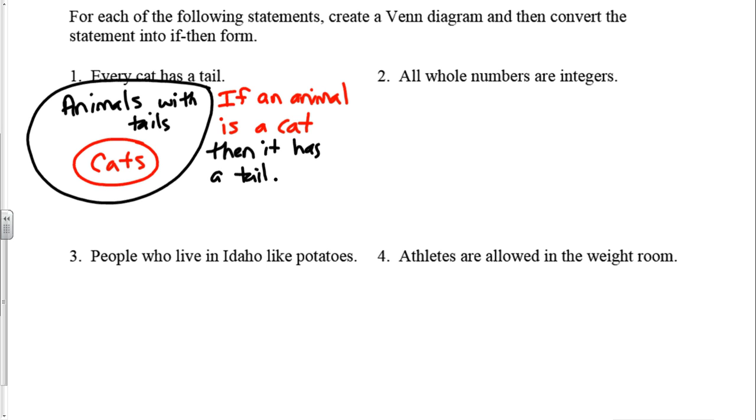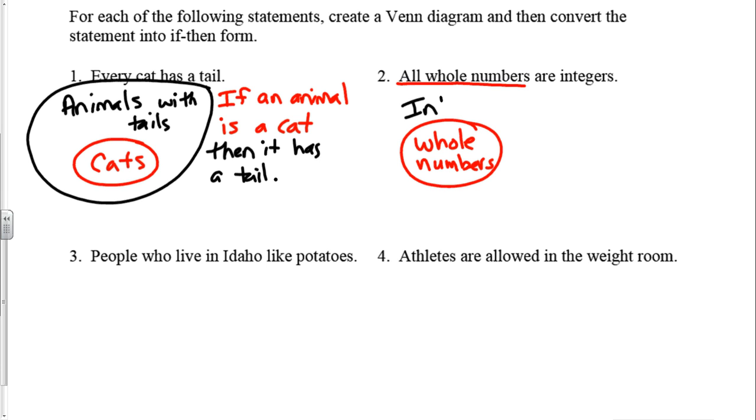All whole numbers are integers, which means what goes in the red part on the inside? That's the all, and that's my whole numbers. And I know that all my whole numbers are integers. So here's my Venn diagram. Now I need to turn this into an if-then statement. If a number, and where am I going to start?